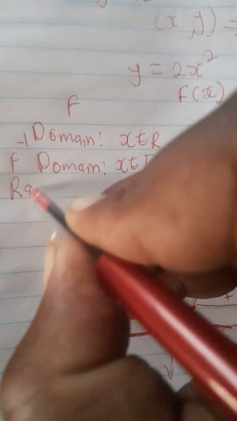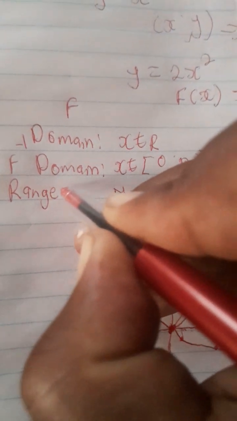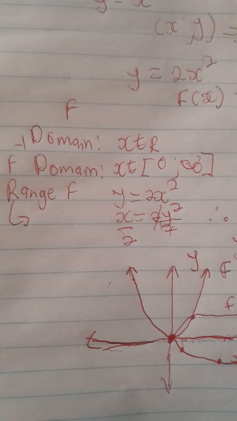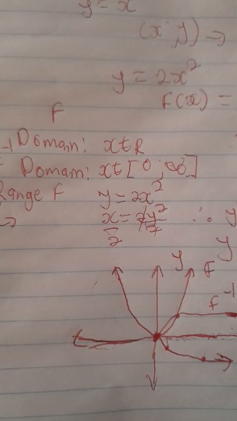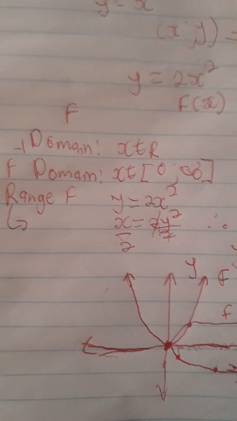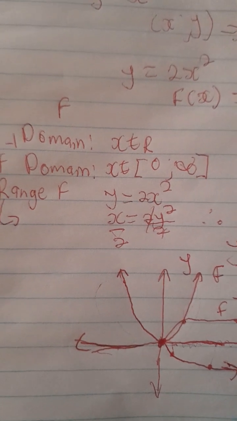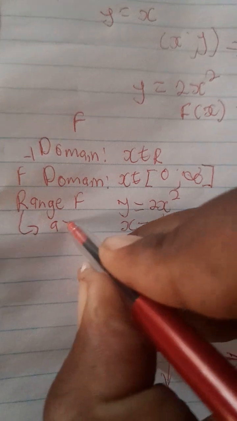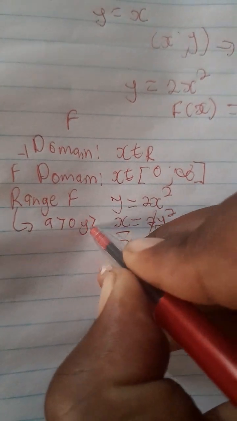So let's talk about the range. We'll start with the range of f. What will be the range of f? Remember, for a parabola, if a is greater than 0, then y should be greater than 0.